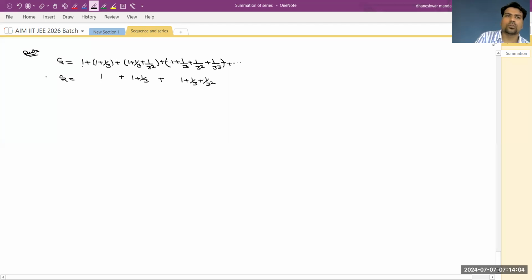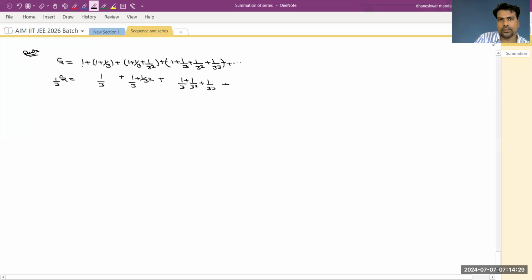Now what should I do? Just multiply this s with 1 by 3. Then this term will be 1 by 3, and this term will be in this way. Here we have 1 by 3 square, and 1 by 3 cube is there. Now it's clear to everyone.